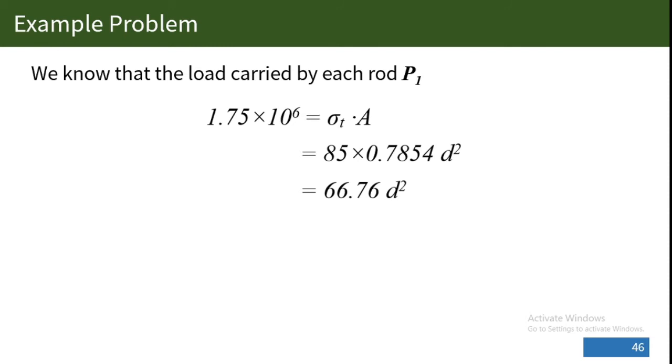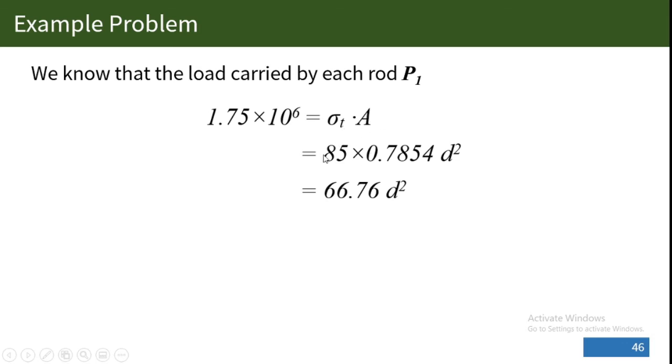Then we will compute the diameter from the equation of stress. We get this equation from the basic equation of stress, which is sigma sub t equal to force over area. Since we know the force carried by each rod, 1.75 million is equal to sigma sub t times area.